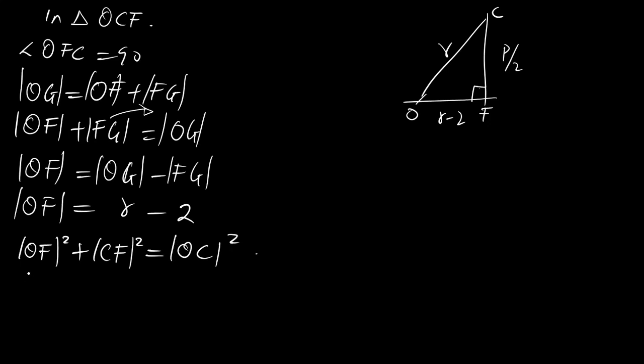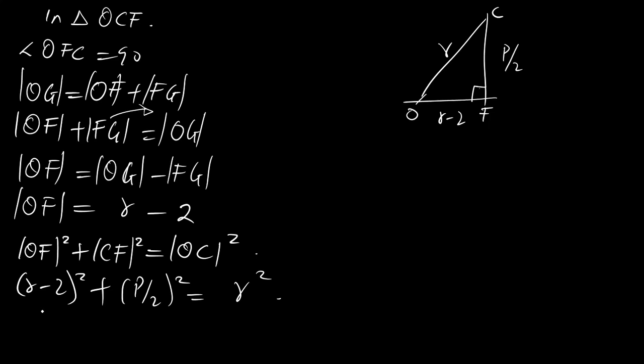So OF is R minus 2 squared plus CF, which is P all over 2 squared, equal to OC, which is R squared.